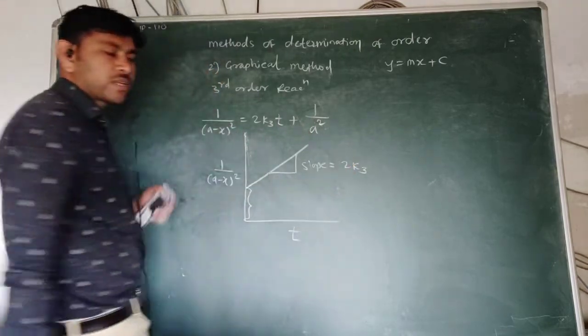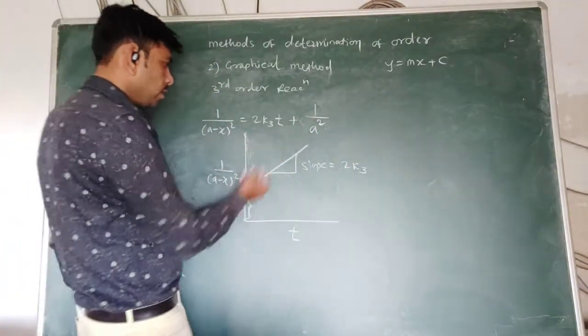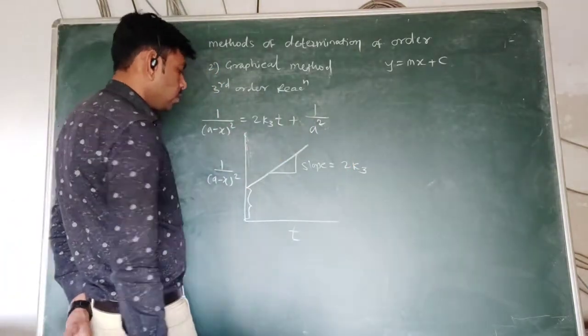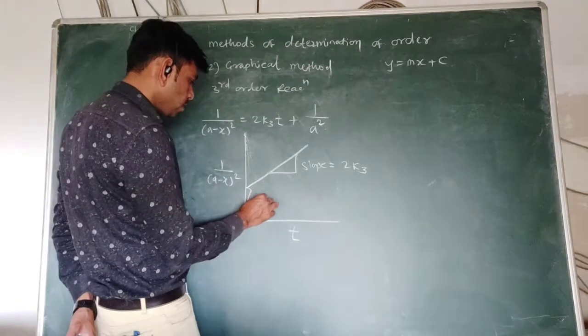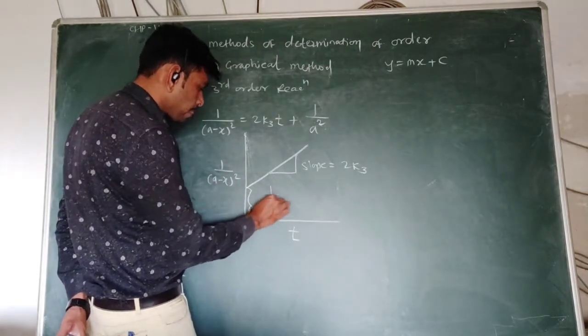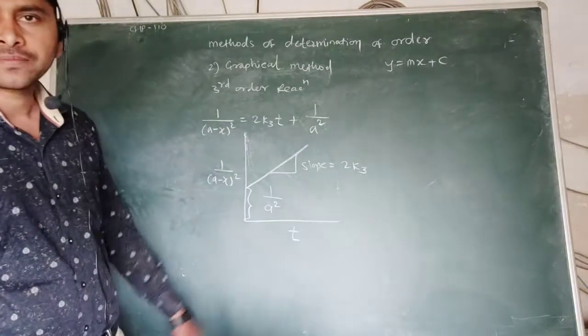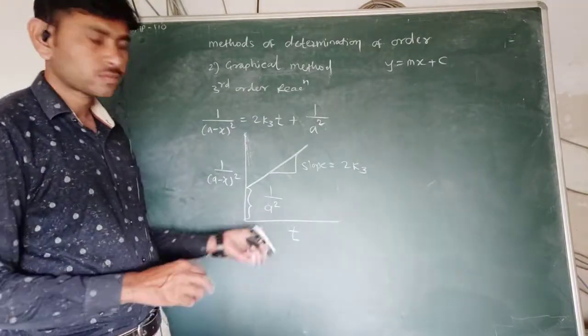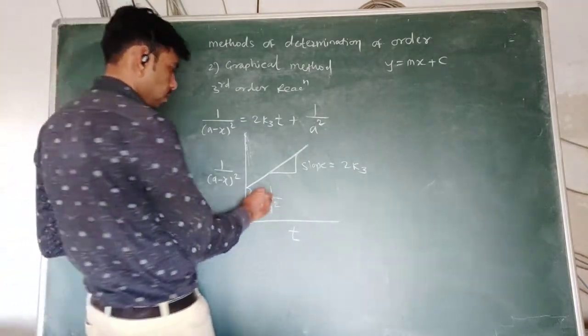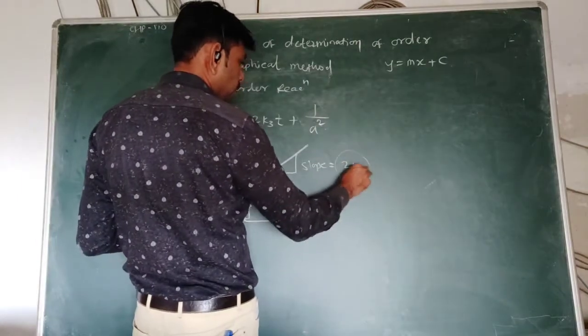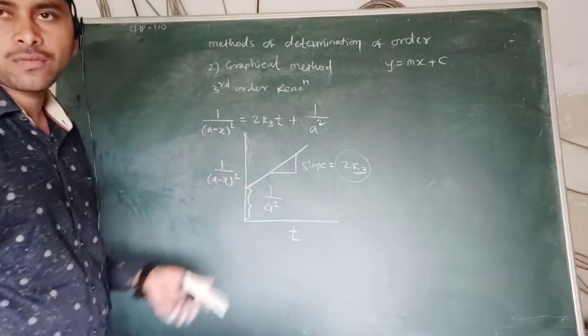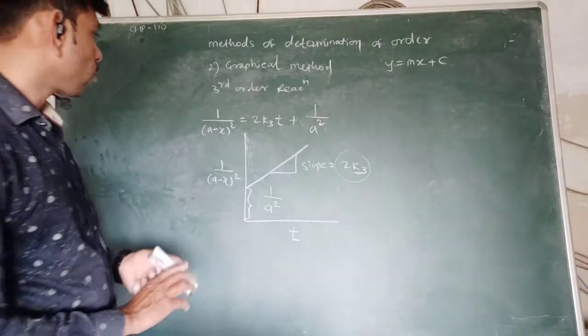From the slope we obtain the value of the rate constant, and then the order of reaction, and the intercept gives the value of 1 upon a square. So this is the graphical representation where we obtain the value of rate constant, and from which we obtain the order of reaction.